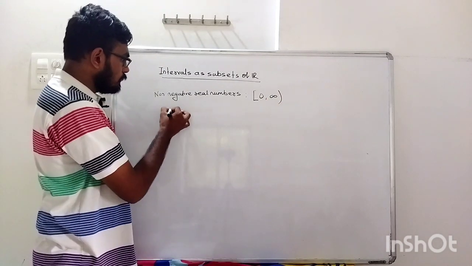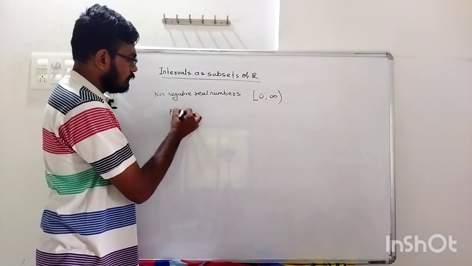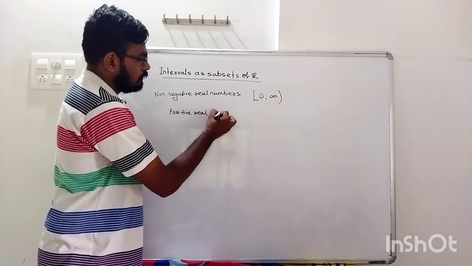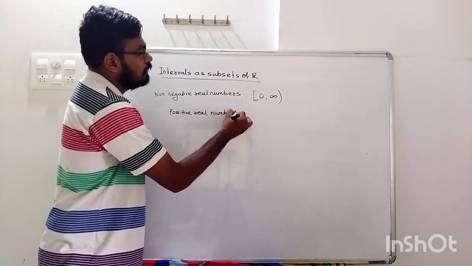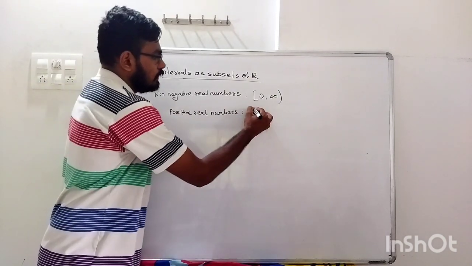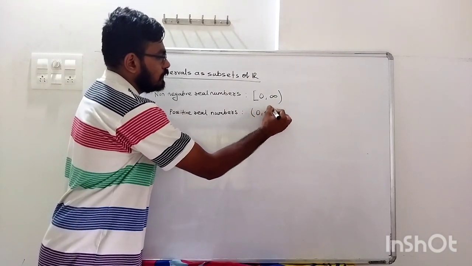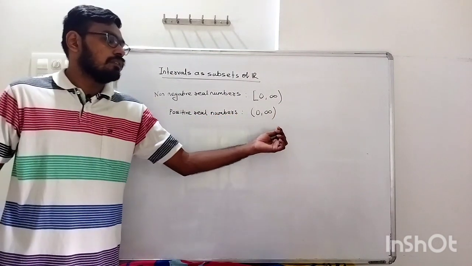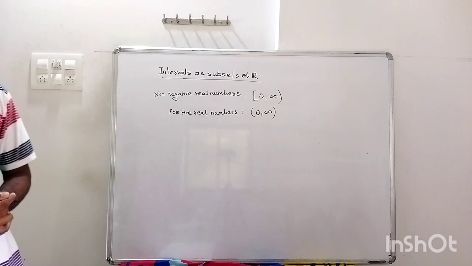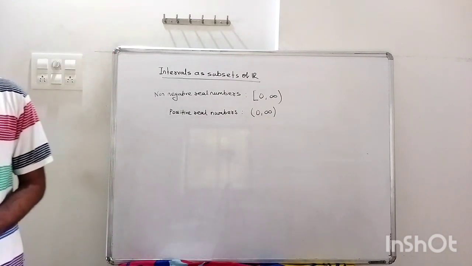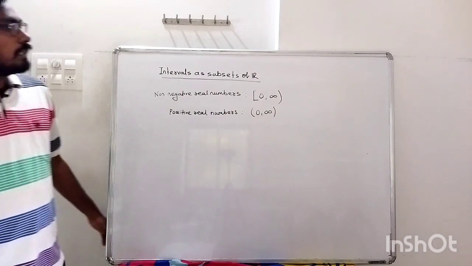Now if you ask for positive real numbers, only positive numbers, so we write a round bracket 0 to infinity. We can't include 0 here, okay? So round bracket 0 to infinity.